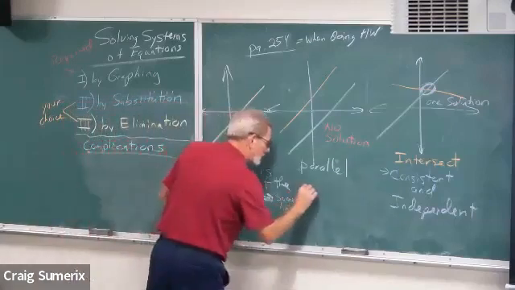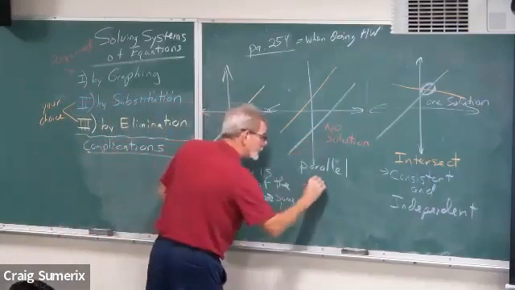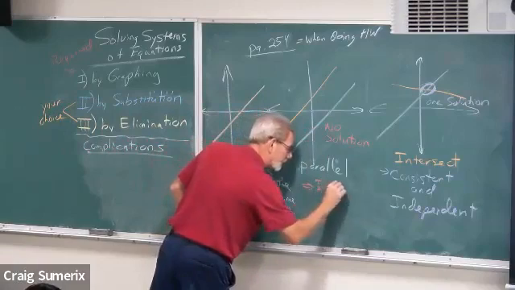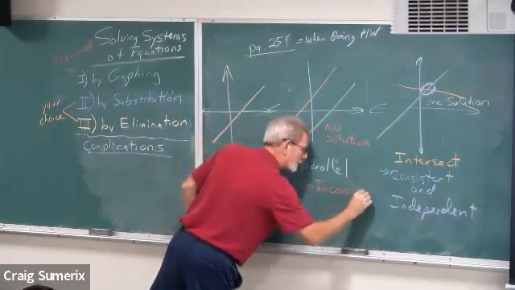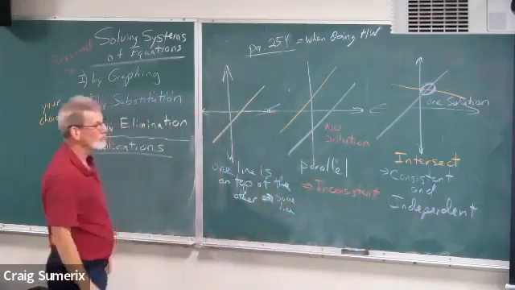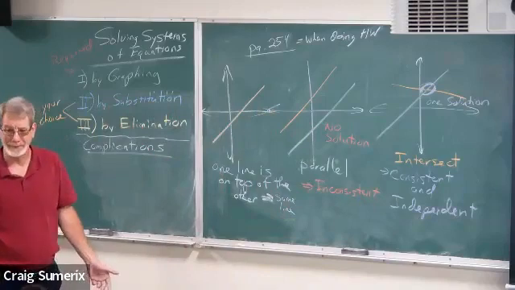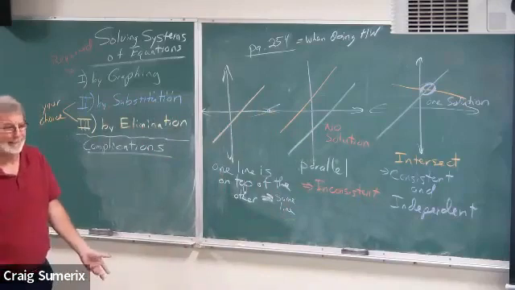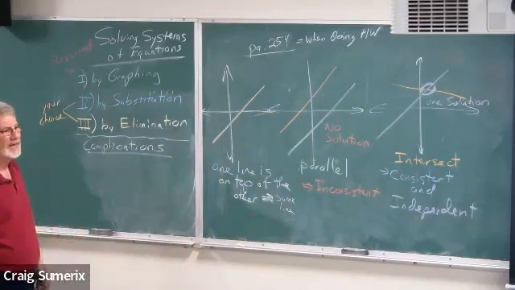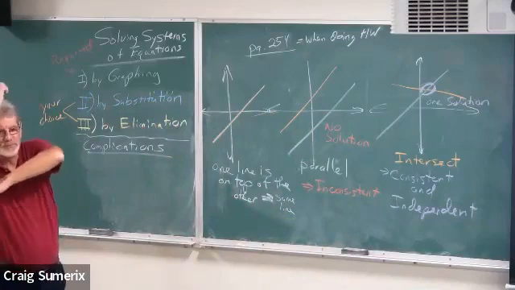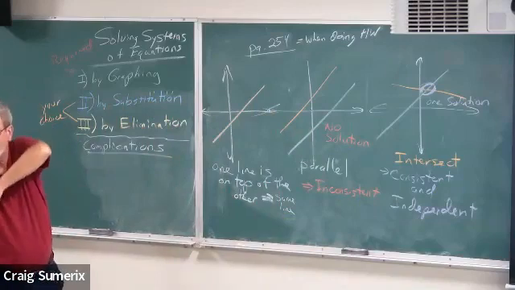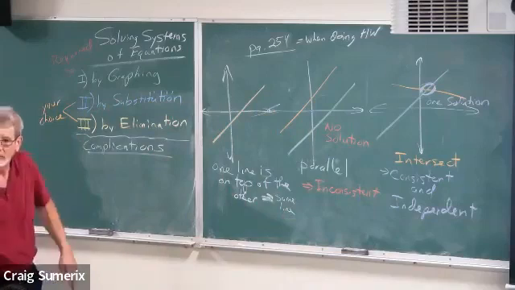So if there's no solution, these are called inconsistent. And if they're inconsistent, there's no answer. Who cares if they're independent or dependent? I guess you could call them dependent, because if one moves, the other one has to move too to stay parallel.